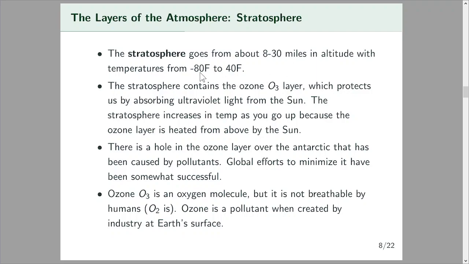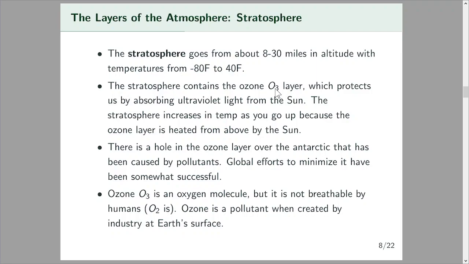And notice it goes from about minus 80 degrees Fahrenheit at the top of the troposphere to about 40 degrees Fahrenheit. So it warms up. The reason it warms up is because the stratosphere contains the ozone layer. Ozone is O3, and it turns out this ozone layer protects us from ultraviolet light. The ozone layer in the stratosphere absorbs ultraviolet light.